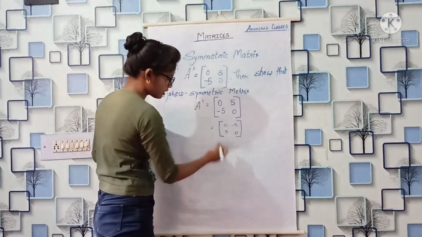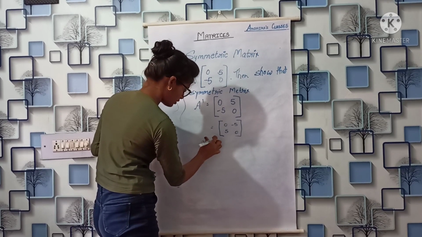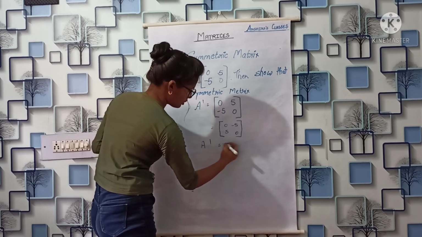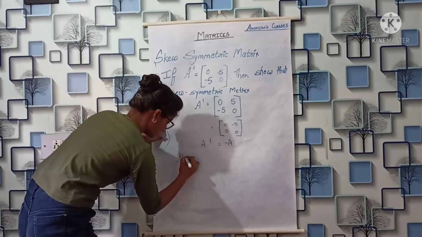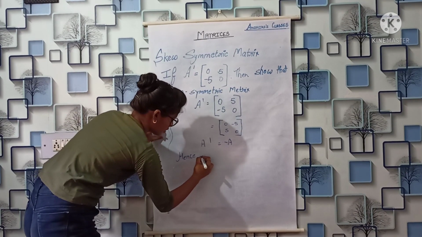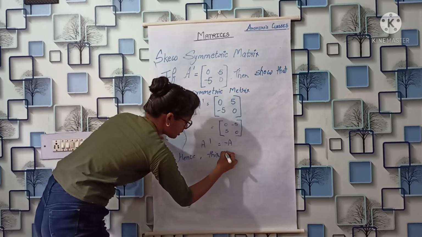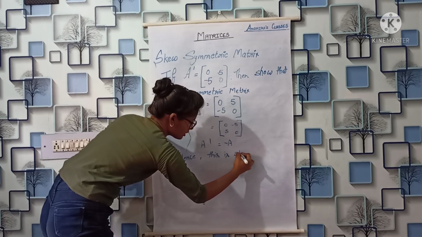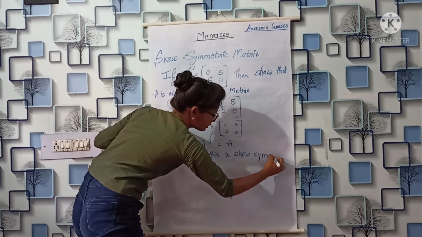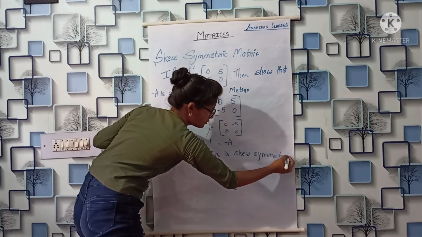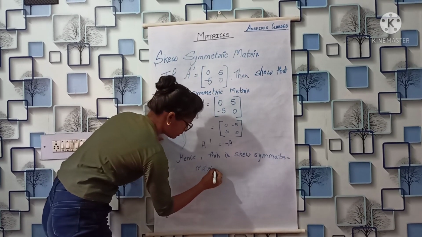So A dash is equal to minus A. Hence this is a skew symmetric matrix.